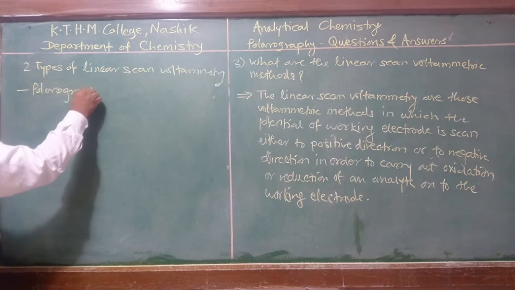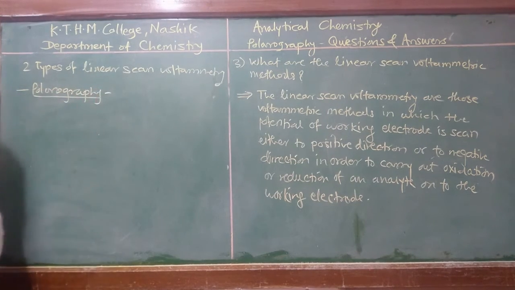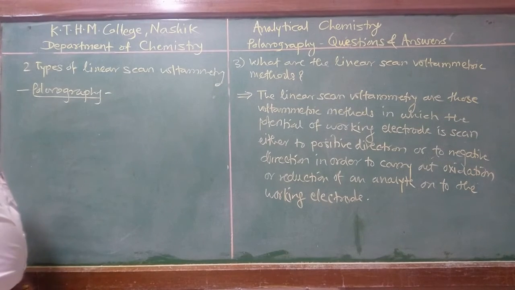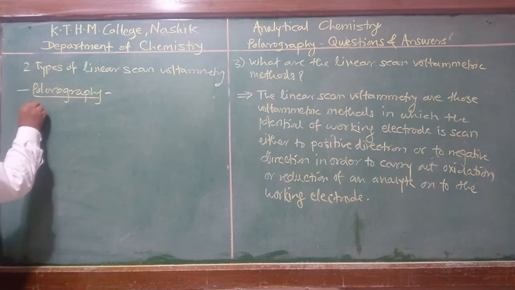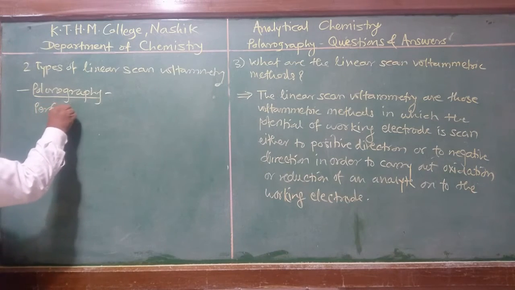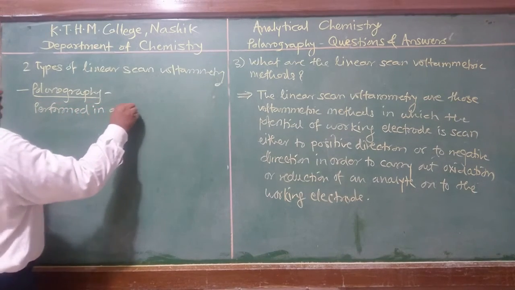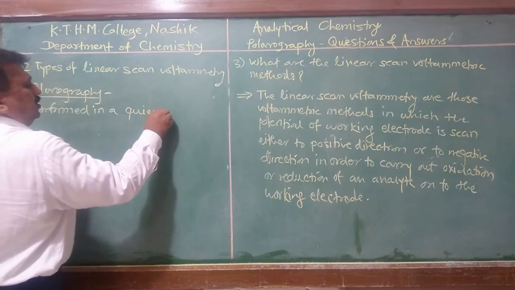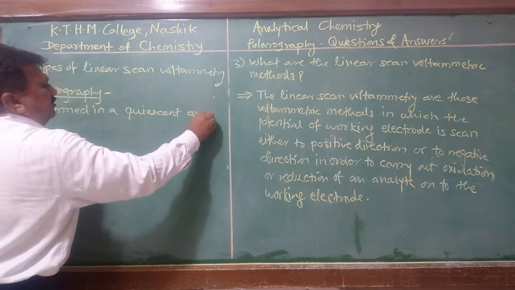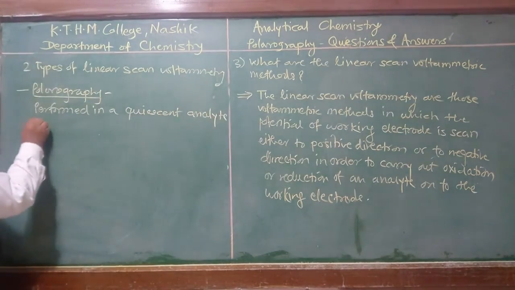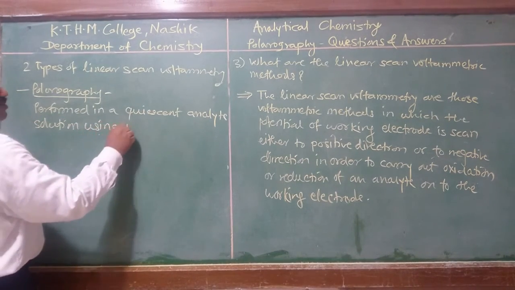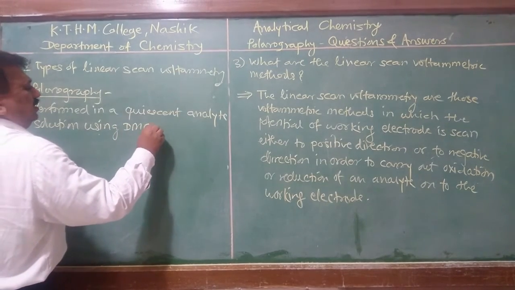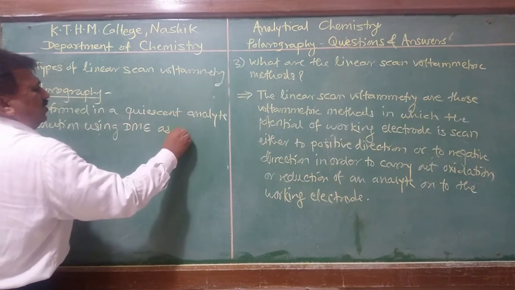We know that it is a linear potential scan voltammetry in which the working electrode is a dropping mercury electrode, performed in a quiescent analyte solution.